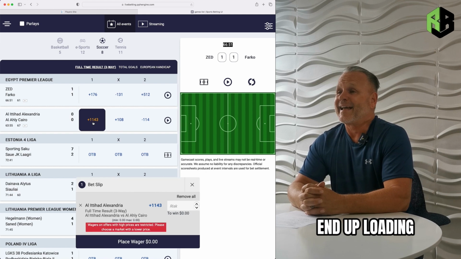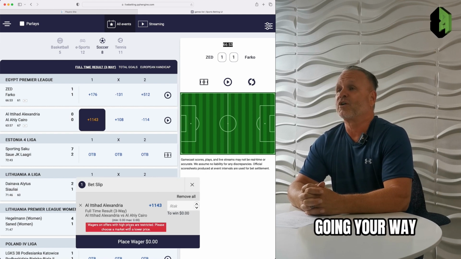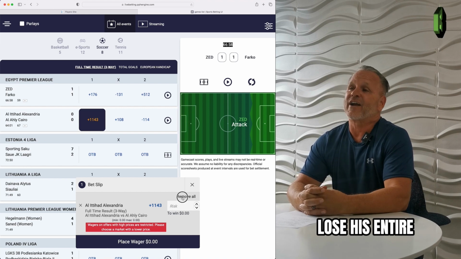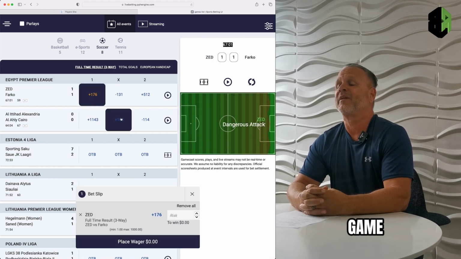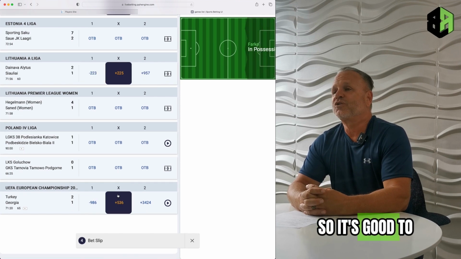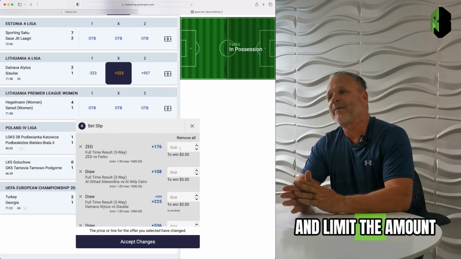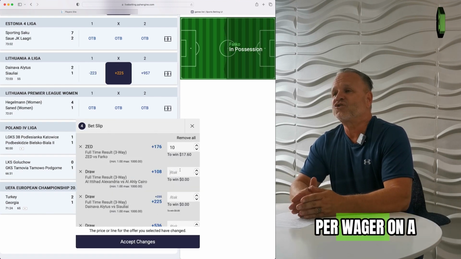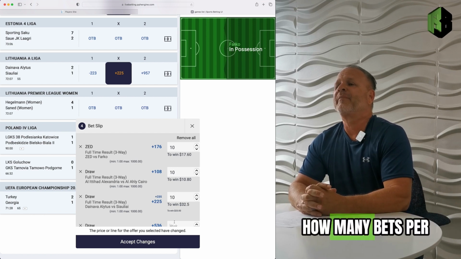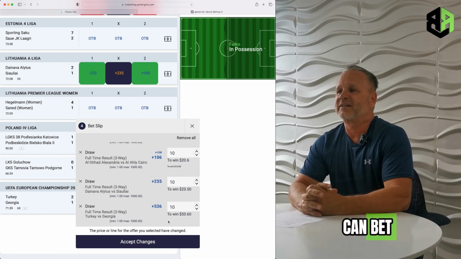You can end up loading up and going your way and you could win a lot, but what happens is a player might lose his entire credit limit on one single game, and then he's going to be asking you for more credit to bet the next game. So it's good to do some risk management and limit the amount they can wager per live dynamic event, or how many bets per live dynamic event they can bet.